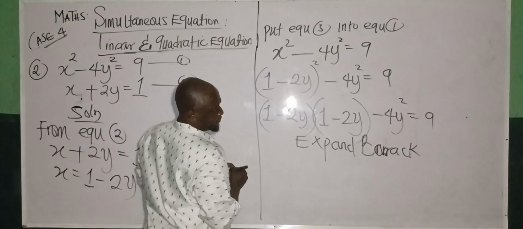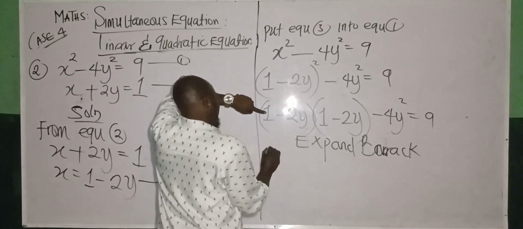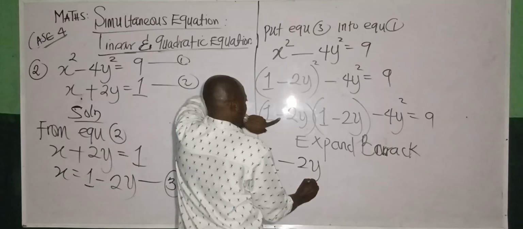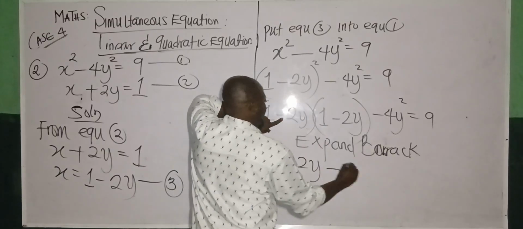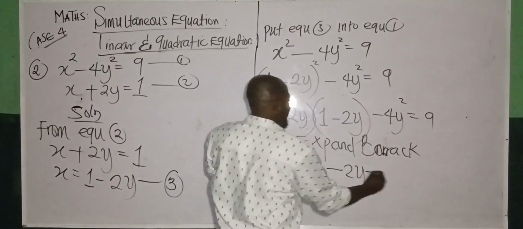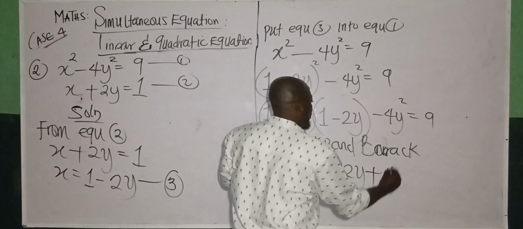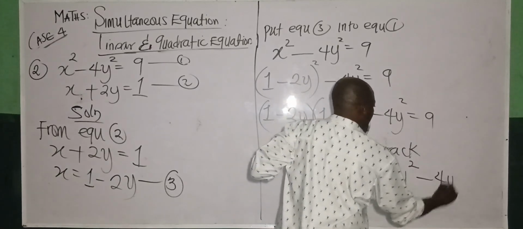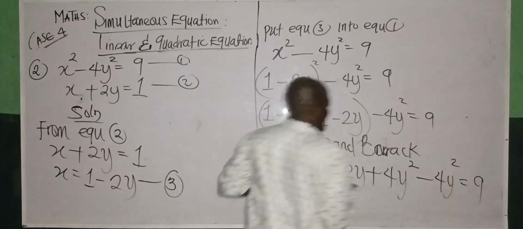Double R. 1 times 1 here is 1. Minus 1 times this one will give me minus 2y. Come to this one, minus. This will give us minus 2y. Minus times minus is plus. 2y times 2y here will give us 4y squared. Then minus 4y squared, then equals 9. This is what I'm having here.